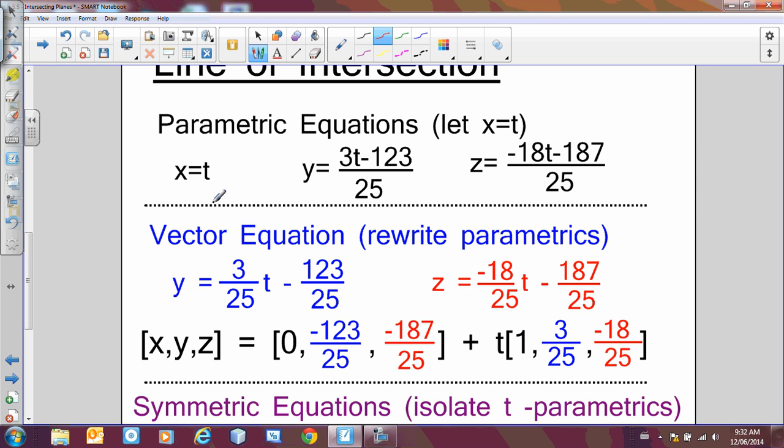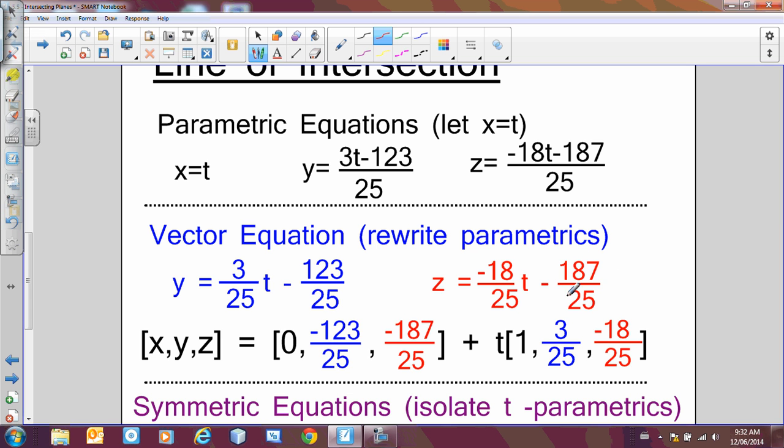The vector equation: x, y, and z are made up of however many of each of the other values. So rewriting the vector equation for y so that we have it in a more standard form. This part of it here, negative 123 over 25, is the y value of the point.